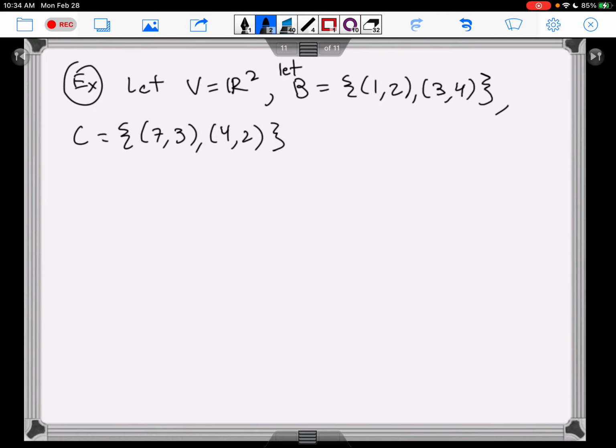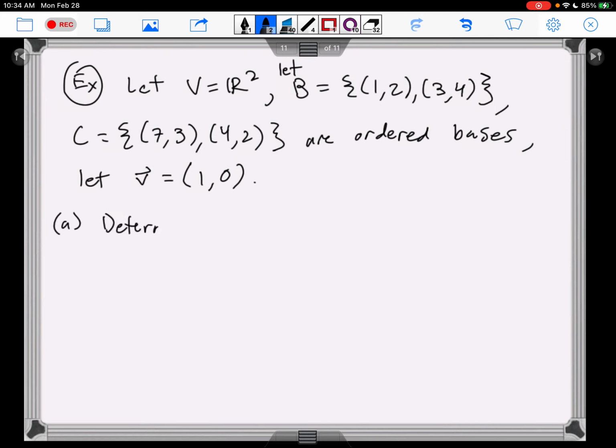These guys are ordered bases for R2. And what is our vector going to be? Our vector for this problem is just the vector 1, 0. Okay.